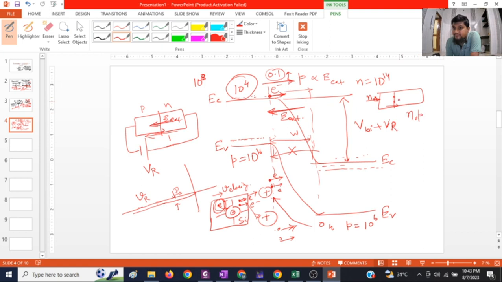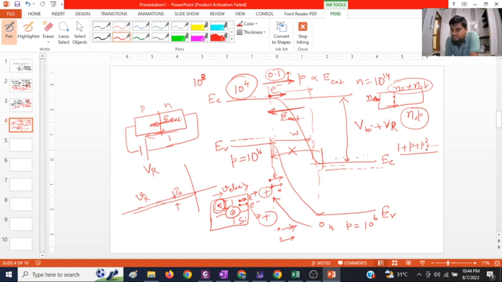Of course, whatever n naught was, plus the impact ionization n naught p; these are the newly created electrons. Now these will again create, multiplied by p. So effectively it will be a geometric progression like 1 plus p plus p squared and so on. How many terms there will be depends on how many collisions can happen in the W region.